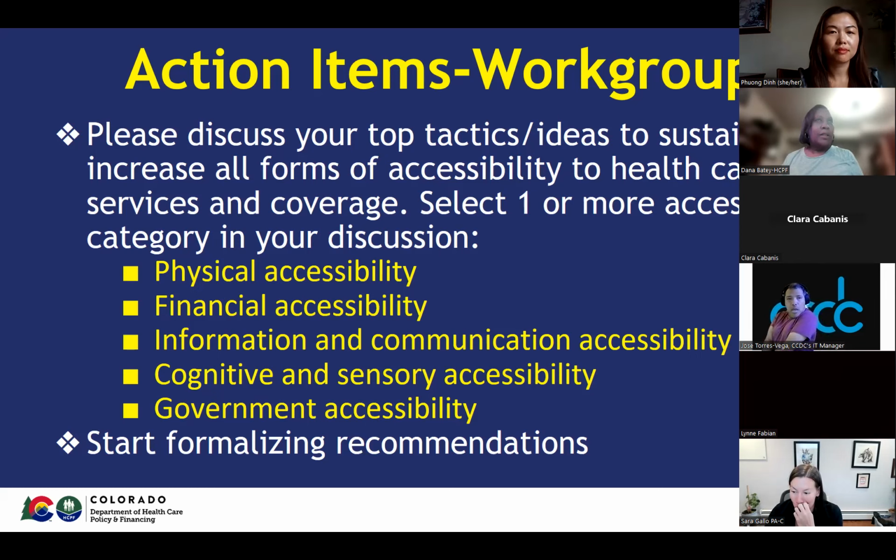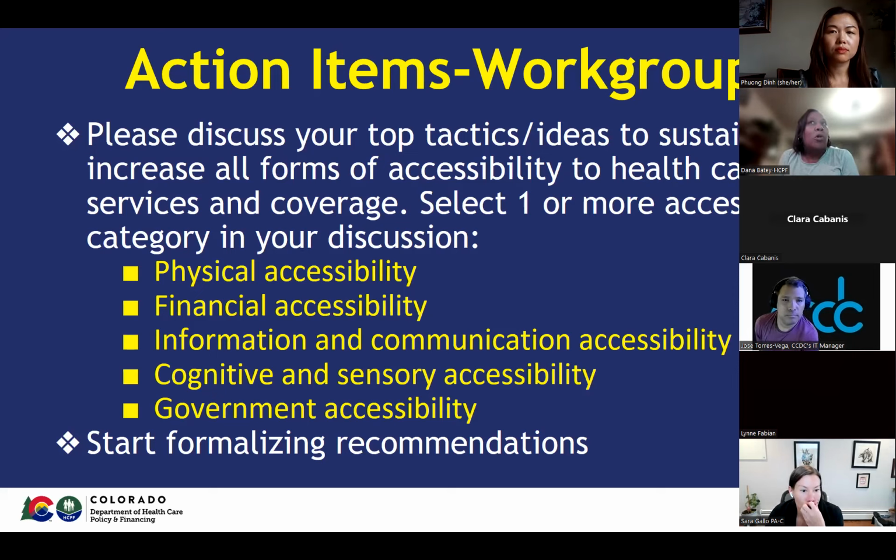So based on this slide for your work groups, I'll send the link to all of the work groups and the drives, and it'll have a Jamboard for each work group. For today's session, we ask that you discuss your top tactics or ideas to sustainably increase all forms of accessibility to healthcare services and coverage.